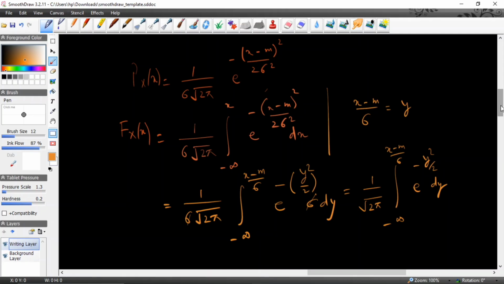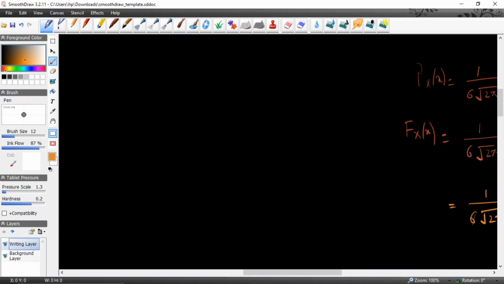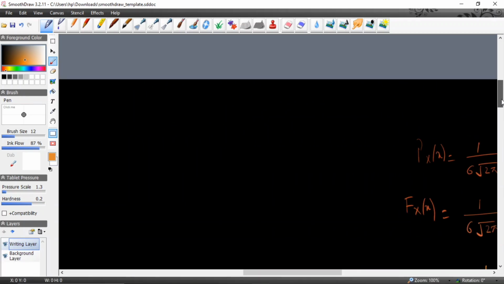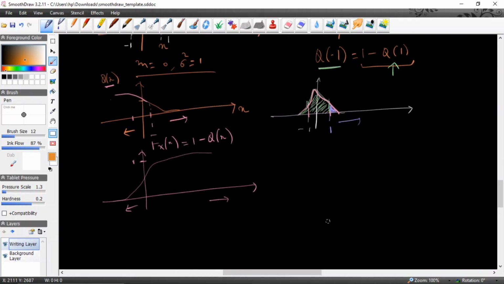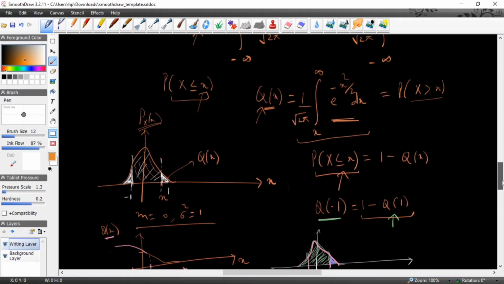And if you look at this function, it is nothing but 1 minus Q of something.